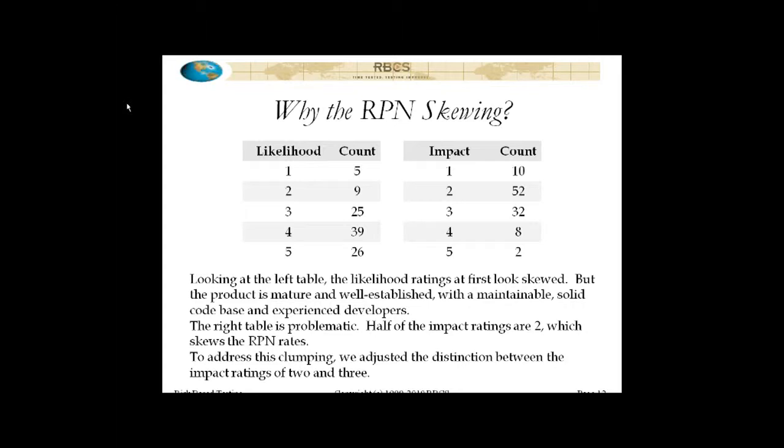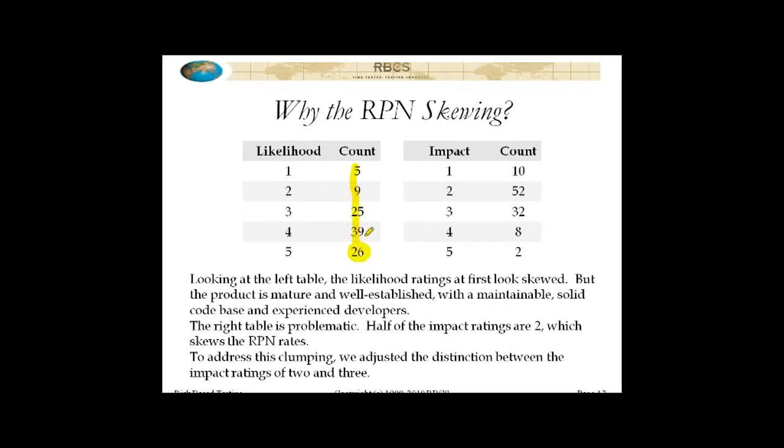Now, what we do when you see that is that you look at the number of risk items that have particular likelihood ratings and the number of risk items that have particular impact ratings, and you want to try to identify where the skewing comes from and where the problem is. Now, at first, if you look at the left-hand side here, which shows the number of risk items at the particular likelihood counts, that almost looks like there's a problem here.